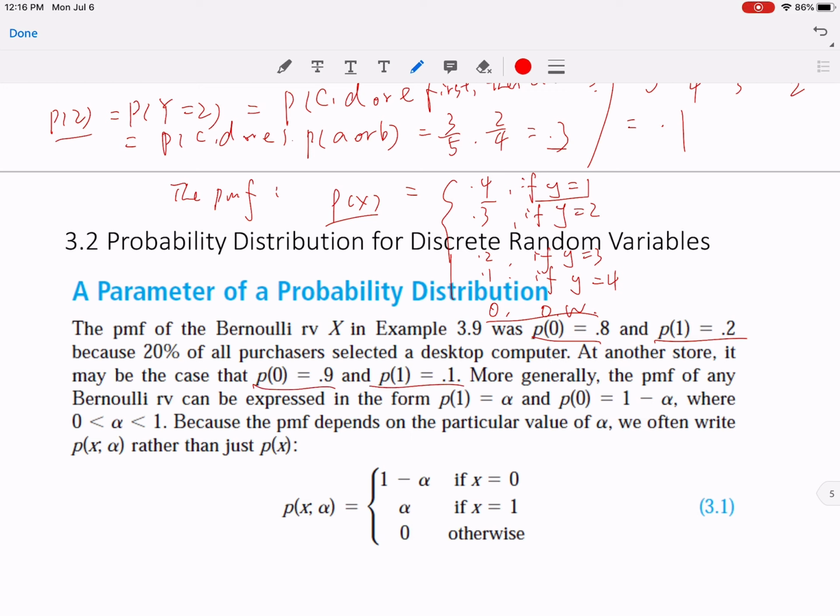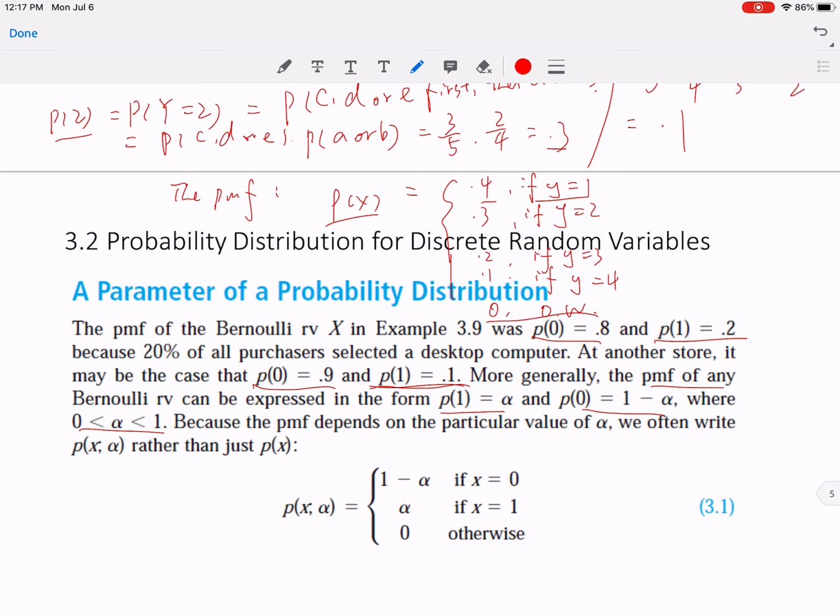More generally, the PMF of any Bernoulli random variable can be expressed in the form P of 1 is equal to alpha, P of 0 is 1 minus alpha, where alpha is between 0 and 1. So that means in different stores, the value of alpha could be different. The probability of 1 could be 0.1, 0.2, 0.3, 0.4, 0.5, and so forth. It depends on which store we survey.